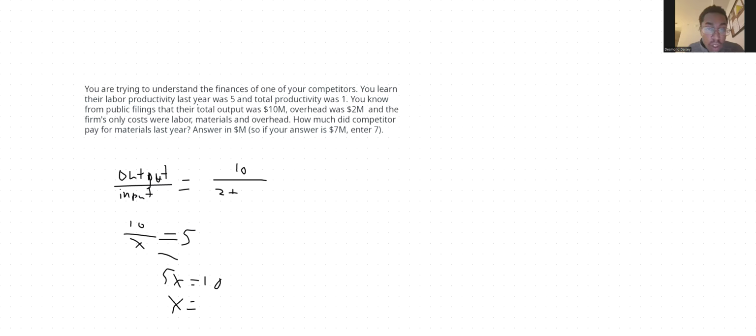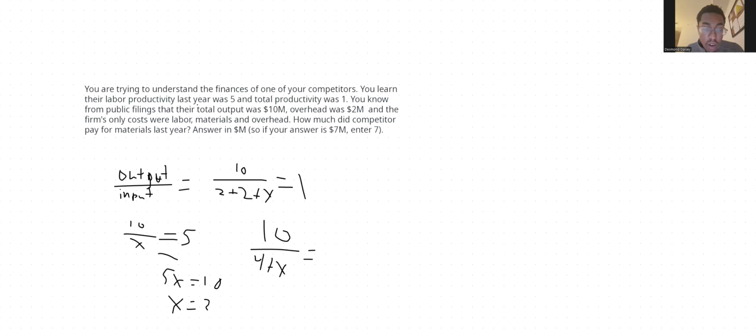So 2 million for overhead plus 2 million for labor plus x, which is materials, which is the last one we don't know and are trying to solve, equals 1 in total productivity. So the way to solve this is just do the math and isolate x. So it'd be 10 over 4 plus x equals 1.